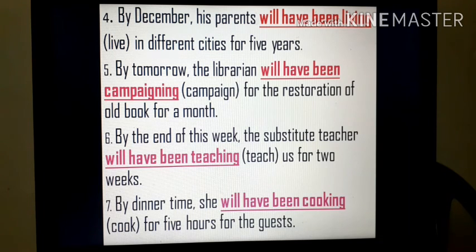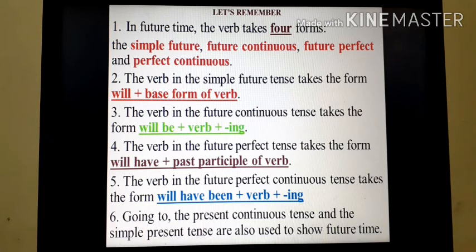Let's remember. Number 1, in future time, the verb takes 4 forms. The simple future, future continuous, future perfect and perfect continuous. Second, the verb in the simple future tense takes the form will plus base form of the verb. Third, the verb in the future continuous tense takes the form will be plus verb plus ing.